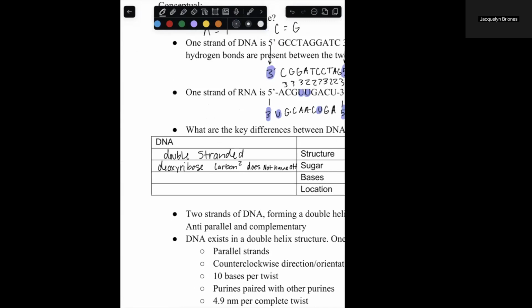Our bases for DNA are A, T, C, and G. And our location is in the nucleus and mitochondria.